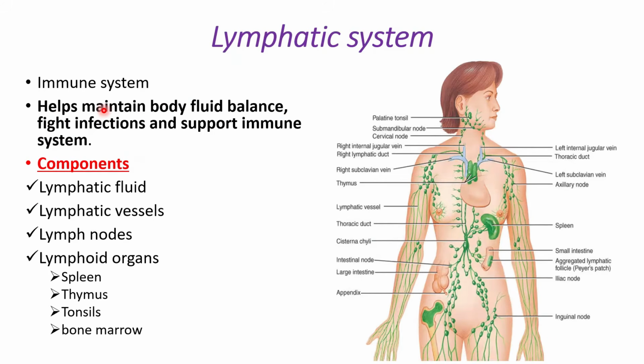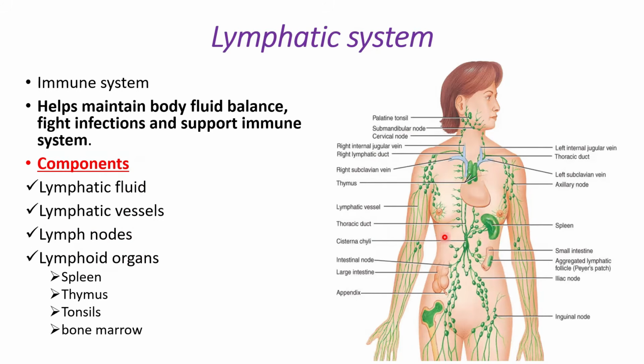Some of the components of this lymphatic system, of course, include a fluid known as lymphatic fluid or lymph. That lymphatic fluid will be transported in vessels known as lymphatic vessels. Those lymphatic vessels will be draining into lymph nodes and lymphoid organs.